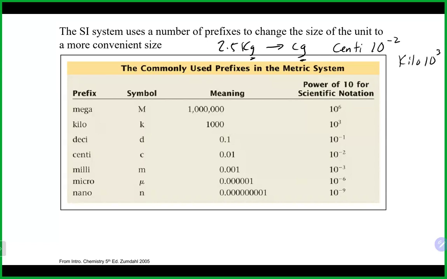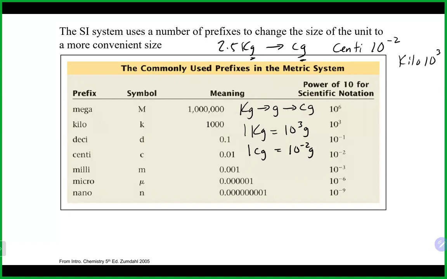You can use those to go from kilograms to grams, and then from grams back to centigrams. That's a good approach. So 1 kilogram is 10 to the 3 grams, and 1 centigram is 10 to the minus 2 grams. Again, we can get that from that table.